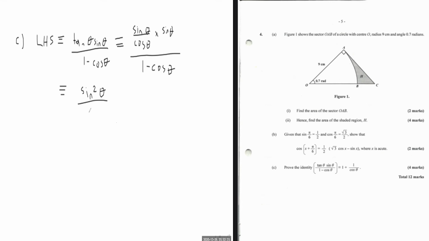So that's sine square theta over cos theta, and that's being divided by 1 minus cos theta. My apologies here. We're dividing by 1 minus cos theta, so it's multiplied by 1 over 1 minus cos theta.